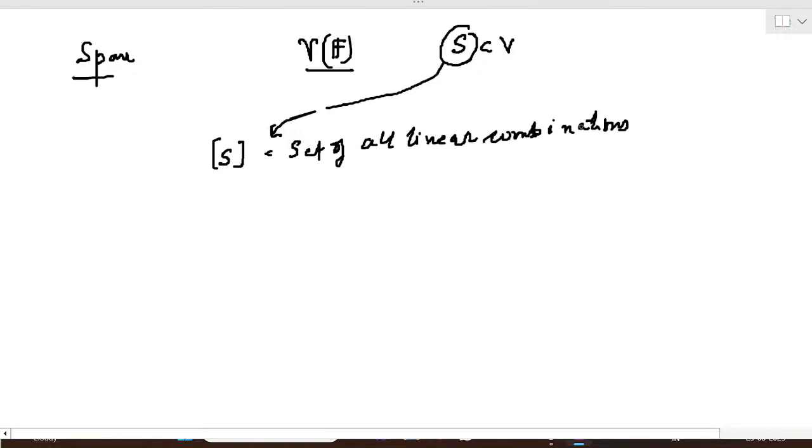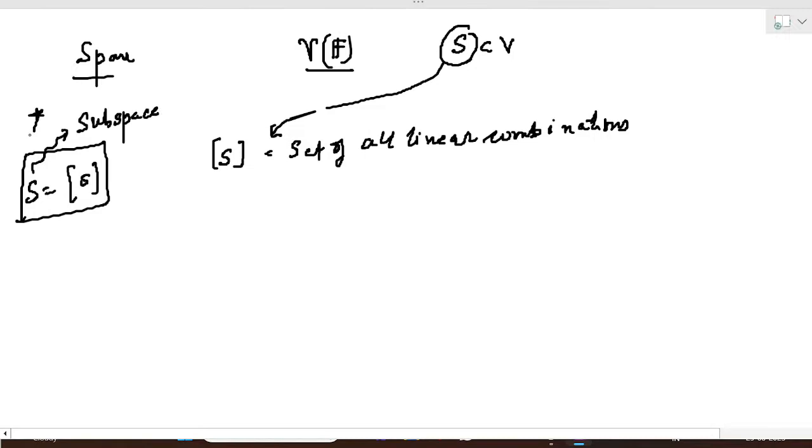I took also one of the examples. One of the theorems in linear algebra, which I'm not going to derive, suggests that S is equal to its linear span if and only if S is a subspace. So just a point to note: if S is a subspace of V, then the linear span of S is equal to S itself.